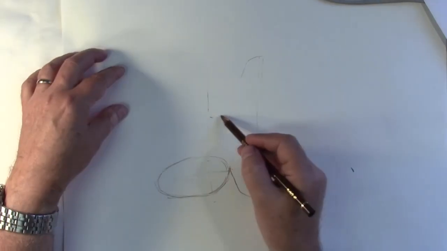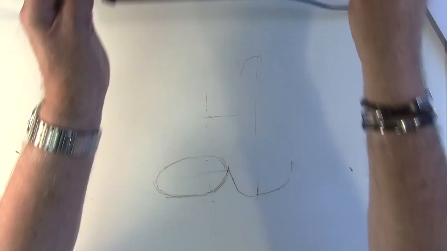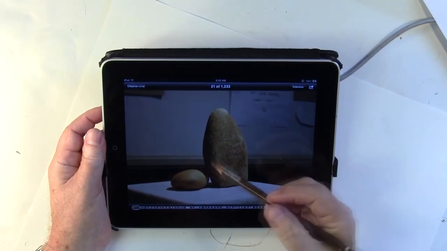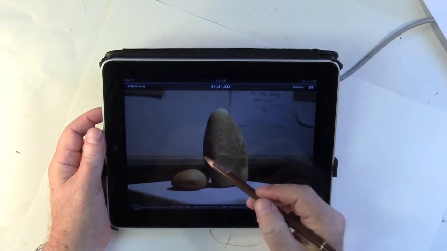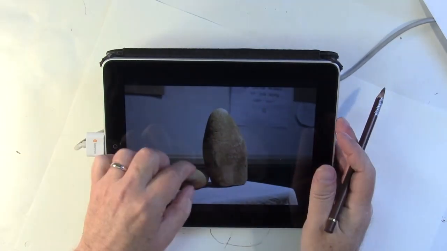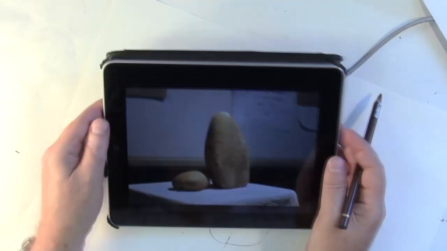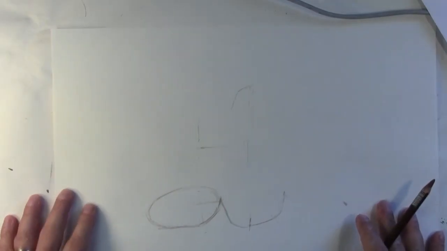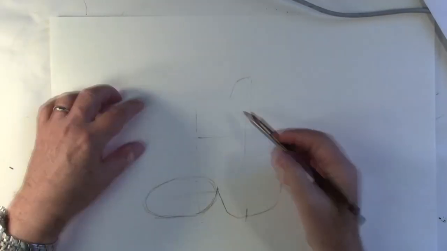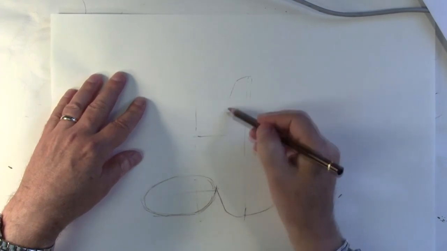The apex, which is here, you see this? One rock up, the apex is here, so it's just above the apex. See that? So you want to look for all these guidelines, these things that will help you, okay? So we measure one rock up, and that's where the apex stops.